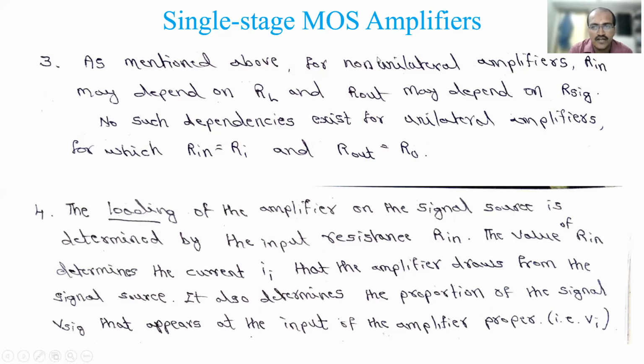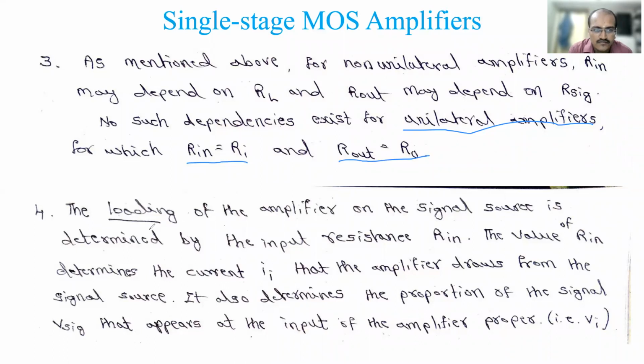Very first we discussed unilateral: voltage, current, transfer resistance, transconductance amplifiers. There this point won't come at all. There both are equal because there is no concept of RL or R signal, so you can use either notation, Rout or Ro. But in non-unilateral, there is a difference between the two.